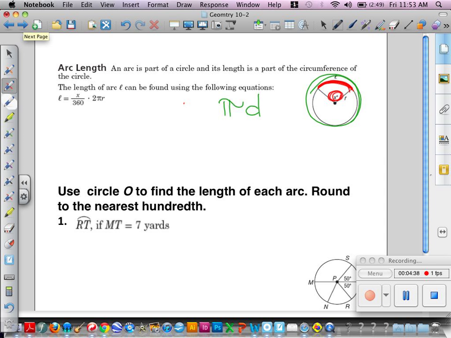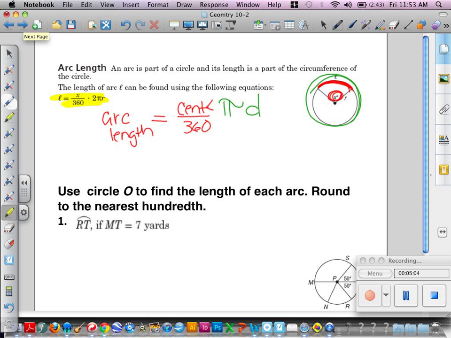So you're going to take your central angle over 360. That's going to give you your fraction of your circle, and then you're going to multiply it times pi d. So that's how you find the arc length.